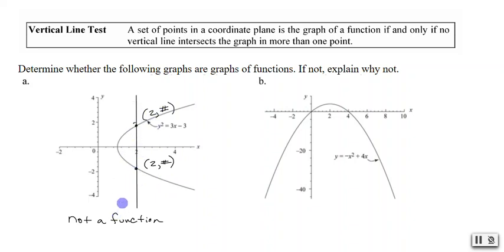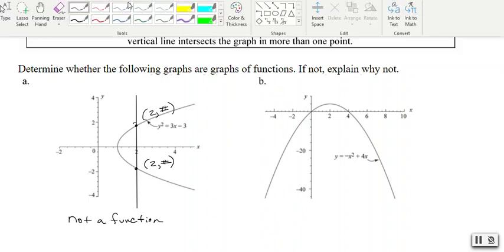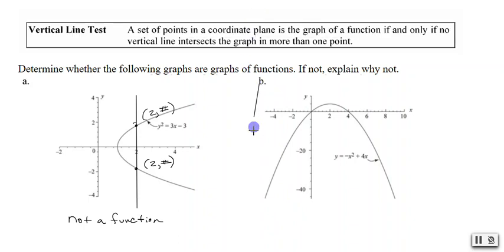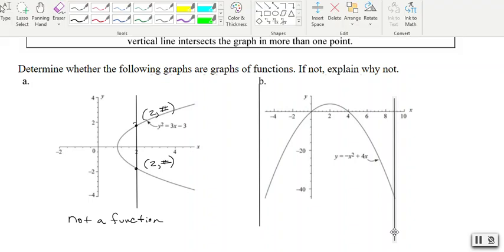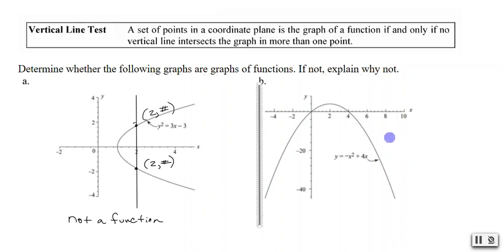That vertical line is showing those points have the same x but different y's. So this is not a function. Now if we would do that same thing over here, then it would pass the vertical line test. So this is a function. When you roll your pencil across that graph, it only will ever hit one time. Okay, so we know for sure that yes, this is a function.